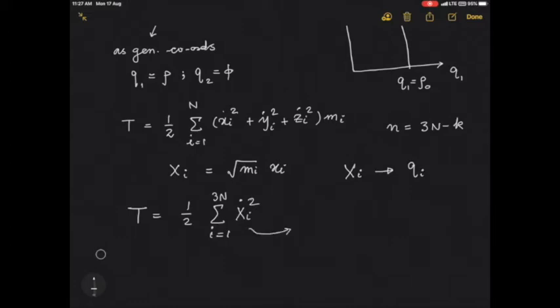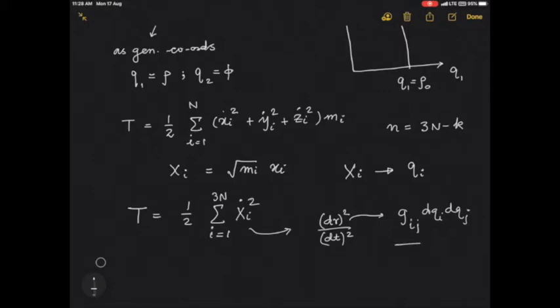And this we wrote in terms of dr whole square by dt whole square. And dr square is nothing but, if you remember, gij dqi dqj. So you see immediately the presence of the metric in the kinetic energy.